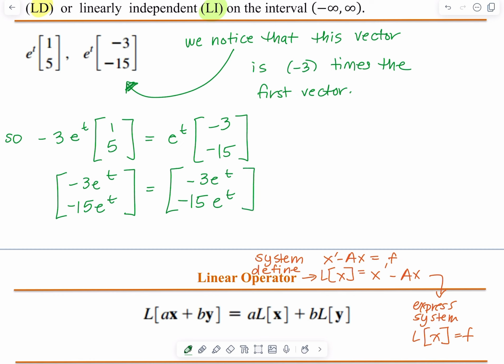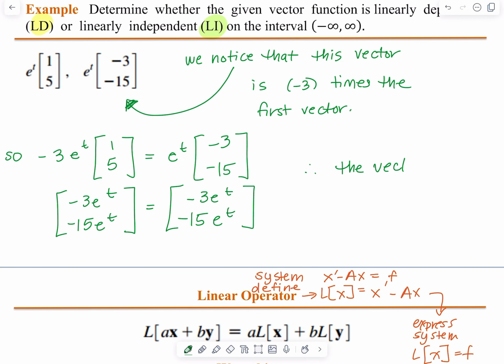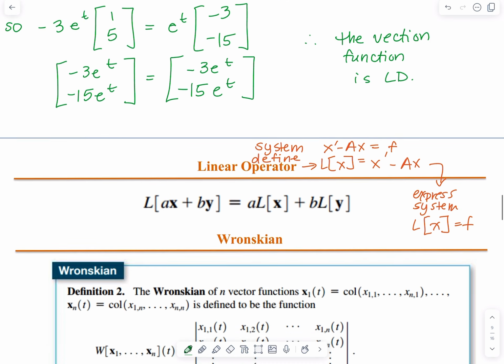Therefore, the vector function is linearly dependent.